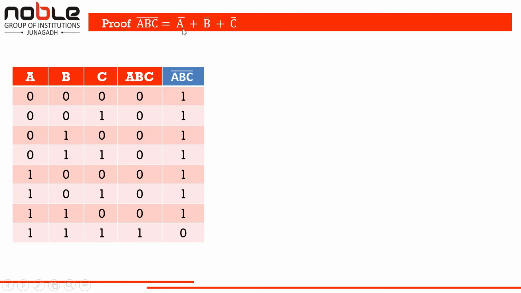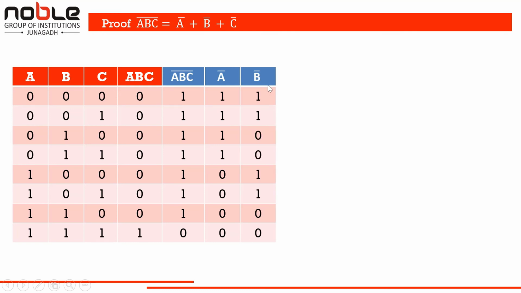Now we have to identify the value of individual A bar, B bar and C bar from the values of A, B and C, so that the value of A bar is totally the inverse value of A. We can see from this table. Now we have to put the value of B bar, and it is obtained from the value of B, and it is mentioned in the table.